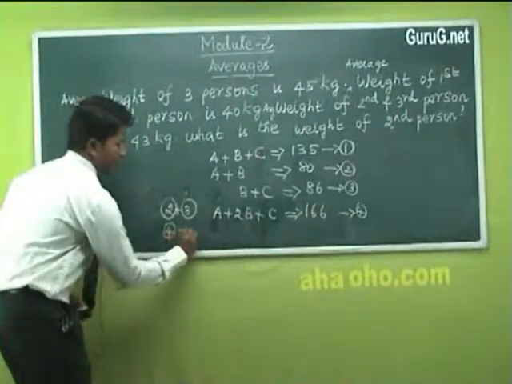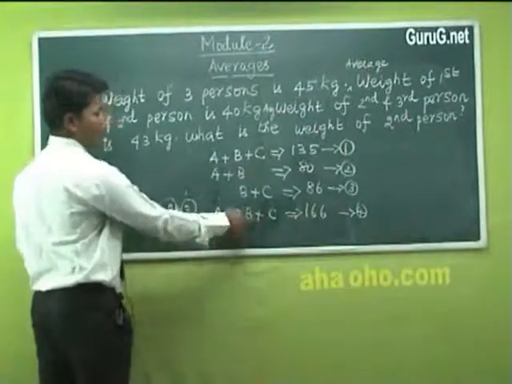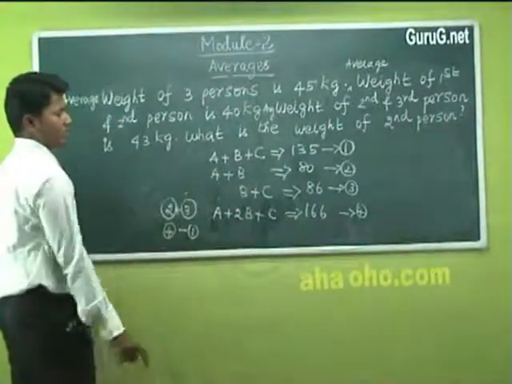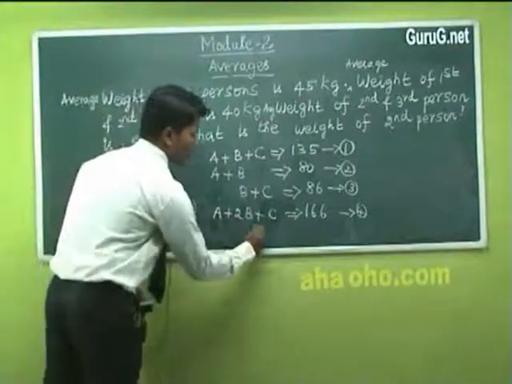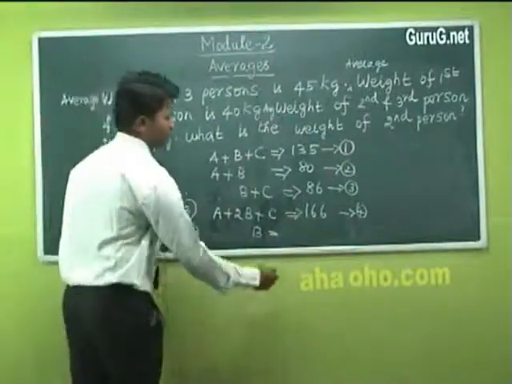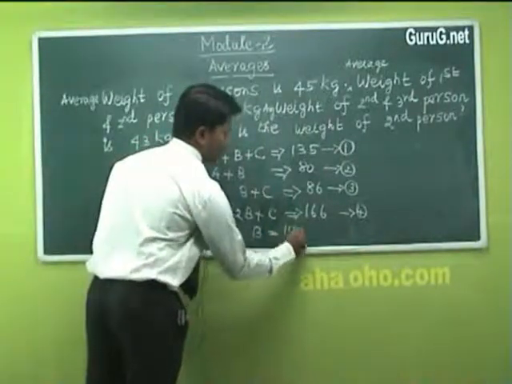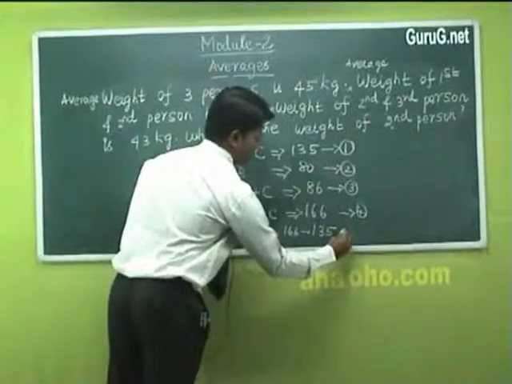Fourth equation minus first equation. Just subtract this first equation from the fourth equation. You can get the value of b. What is the value of b? That is 166 minus 135.